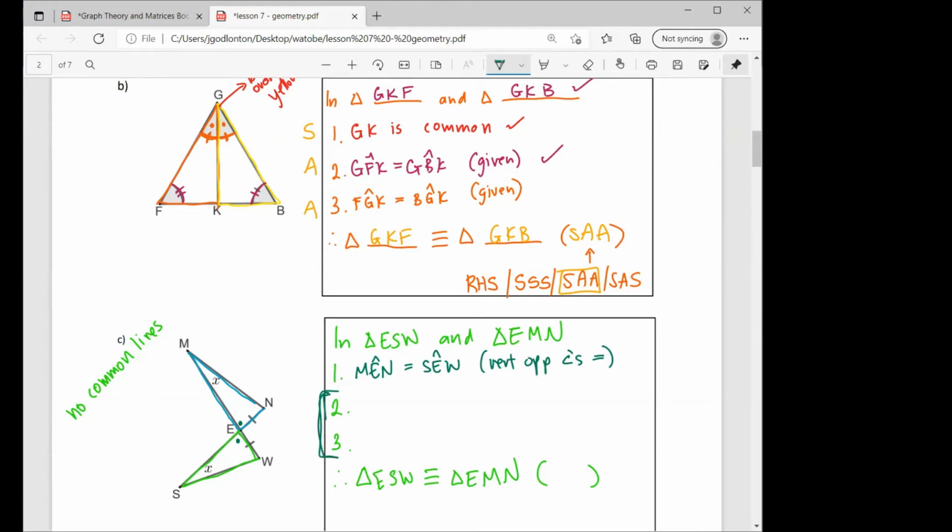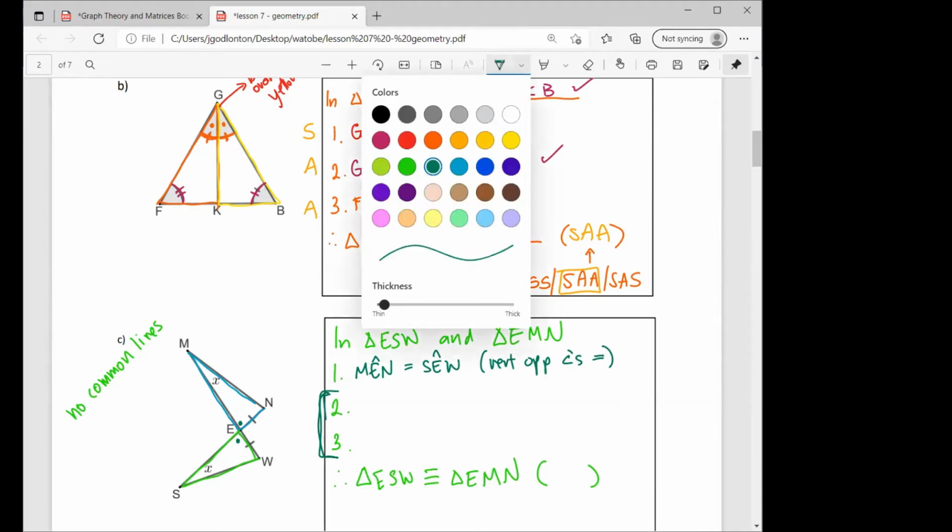So have a look at those triangles and see what information they've given you that tells us that they are the same in both triangles. Who can find another reason?